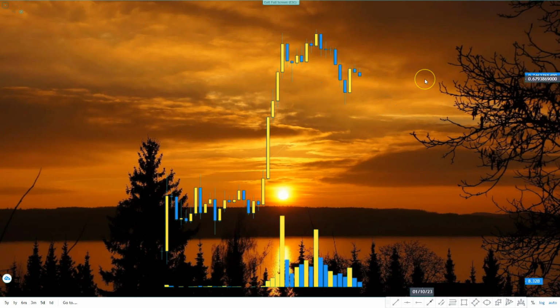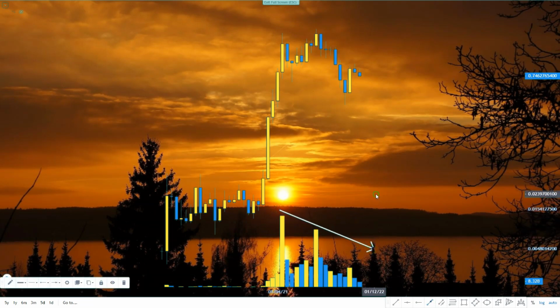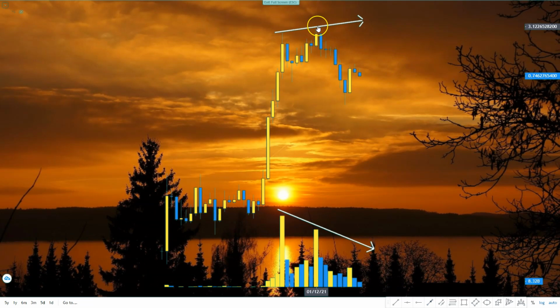You know what the volume is showing me? That the volume is falling all the way from this point. And what does this mean? It means that it was a falling volume, but at the same time here we had rising prices. Ladies and gentlemen, on this peak we had a divergence of volume and price, and this was a hard indication of a changing trend.